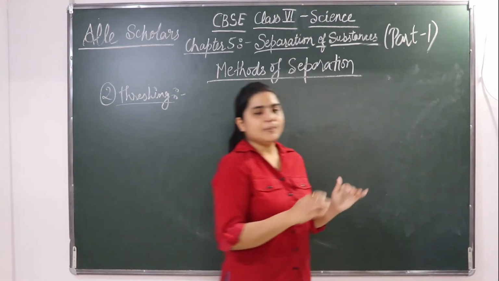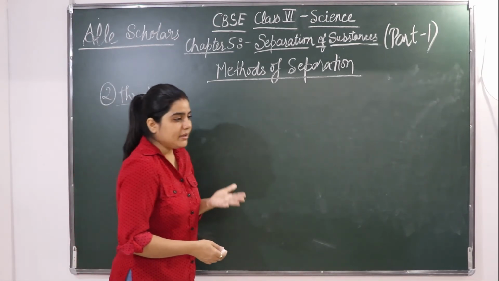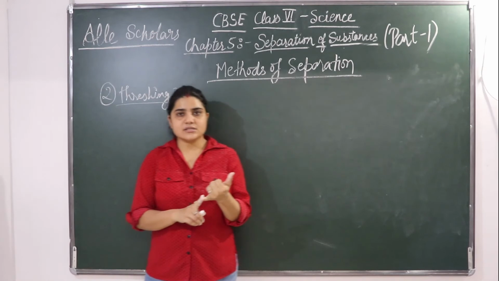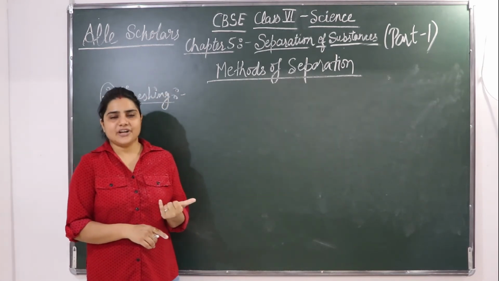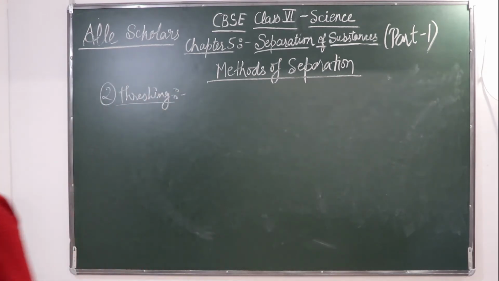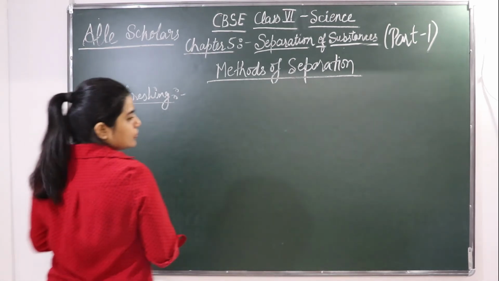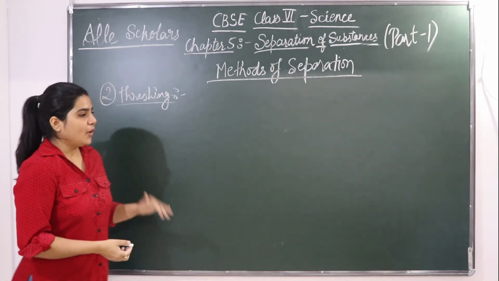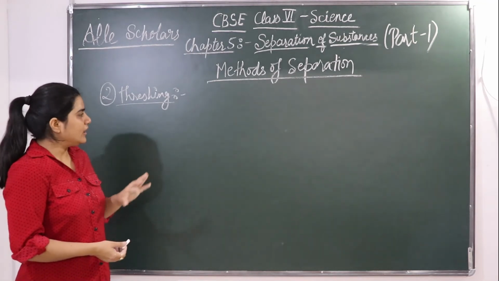The process that is used to separate grains or the edible part from the stalks, husk and chaff is called threshing.